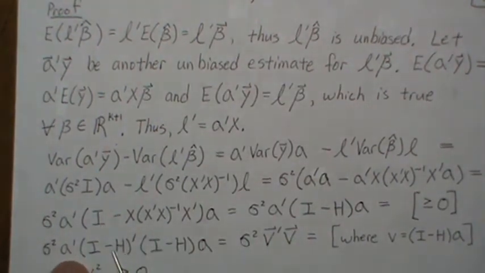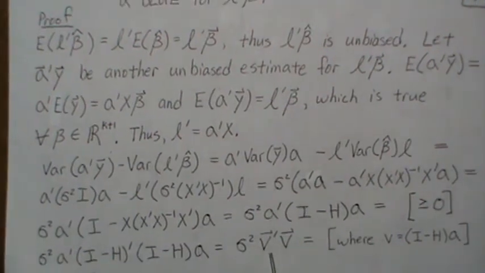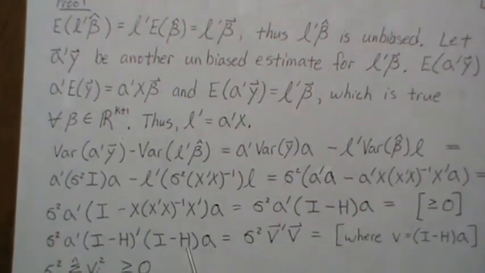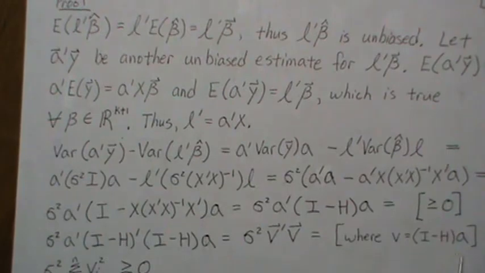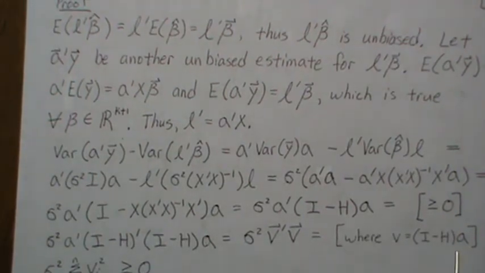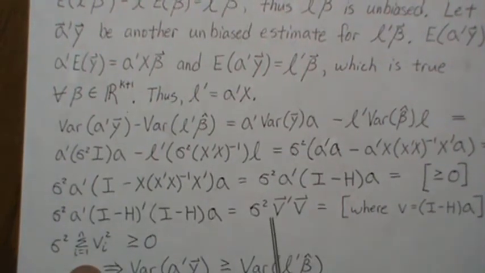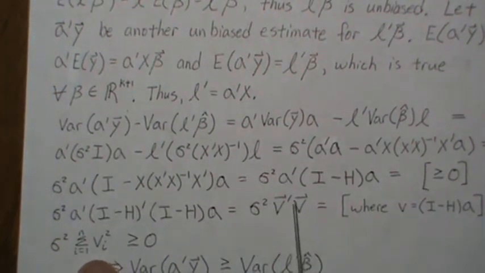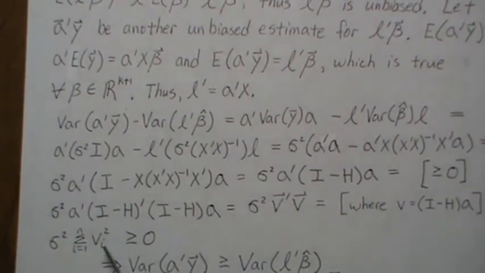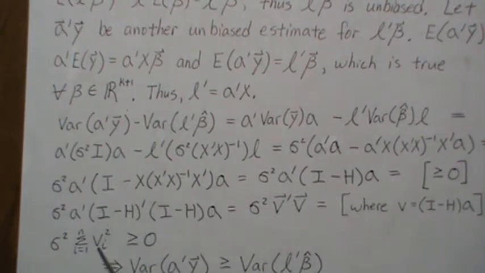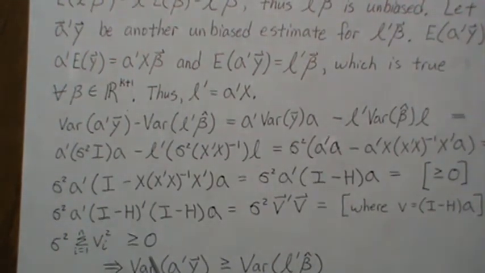Then we can think of this vector as V, so it's sigma squared times the sum of the V_i squared. Whenever we're adding up non-negative things, this has to be non-negative.